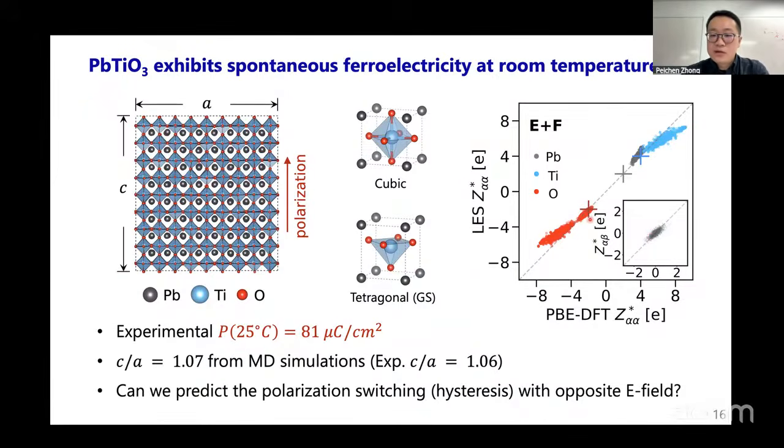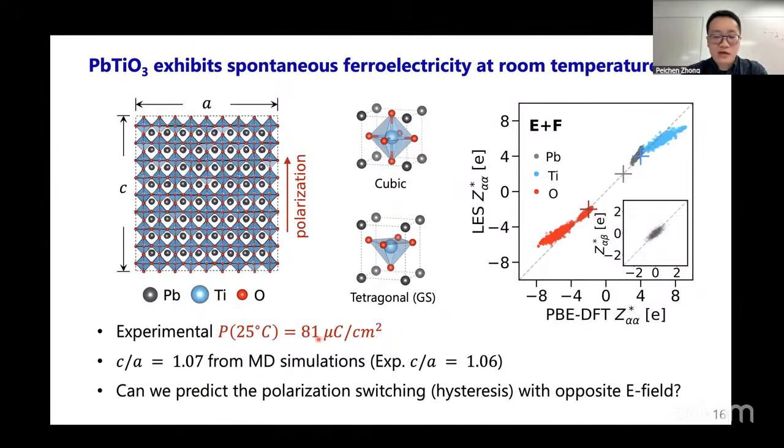So we use the latent Ewald summation to learn from energy and force and to derive the Born effective charge. We see that indeed the charge from the inference is much larger than the magnitude of the nominal charge, and generally that also agrees with the DFT ground truth compared to the machine learning model.